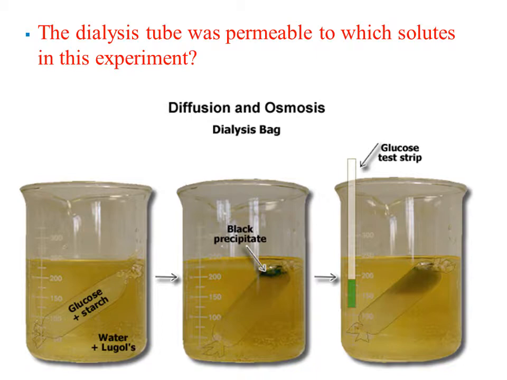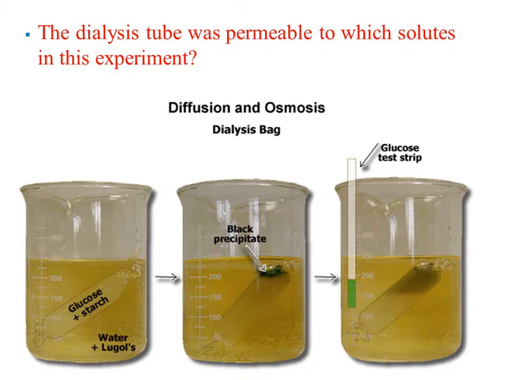What you see in the middle image is that iodine diffused into the bag and stained the starch blue-black. So that means that iodine moved into the bag, so the bag did not restrict iodine's movement. Starch is not seen outside the bag, so the bag did restrict starch from moving. Additionally, in the far right, we're using a glucose test strip.